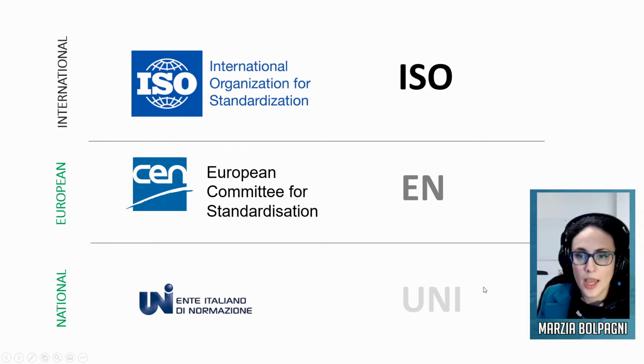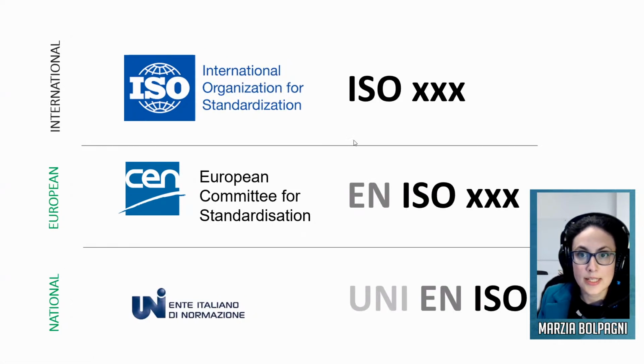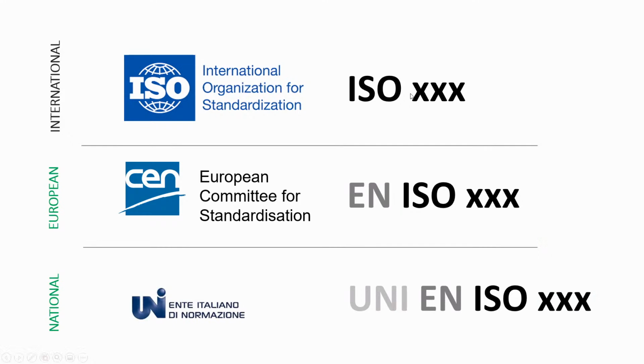What is important is that standards adopted at international level can also get adopted in Europe, so you can have ISO and then the number, and it will become EN ISO and then the number. And when it is adopted at a national level, you add the prefix.